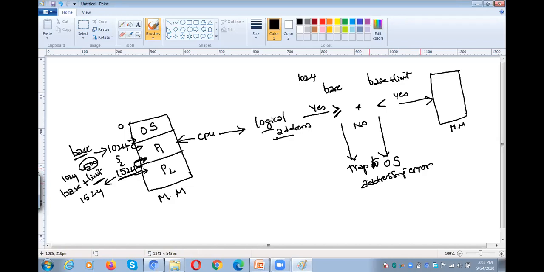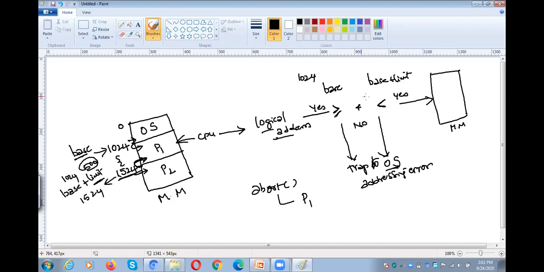That means the CPU is executing process 1, but it is trying to access memory locations which were allocated to some other process. That signal will be sent to the operating system. Then the operating system will send an abort signal to the process P1.